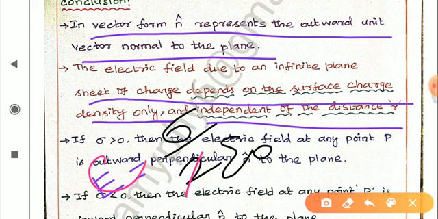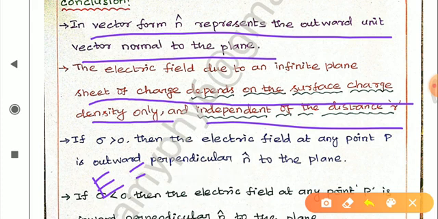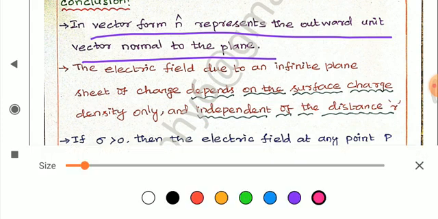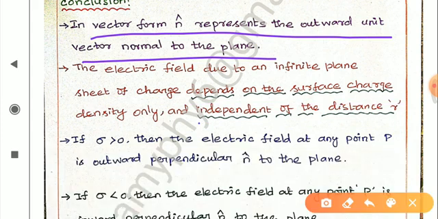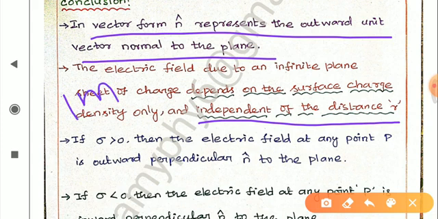So E is directly proportional to surface charge density. In the denominator or numerator, there is no distance represented, so it is independent of the distance r. This is important, one more question, second point.